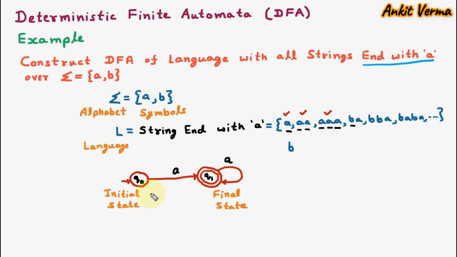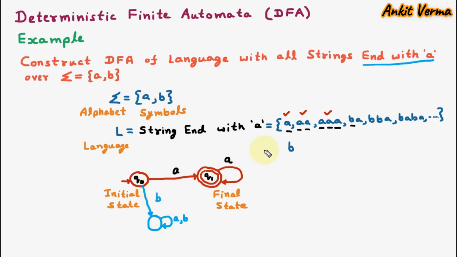The second possibility is that whenever B comes at Q0, we move to a dead state. The dead state is a state where we keep rotating at the same state for all the symbols, A and B, and no result comes out because this is not the final state. But there is a drawback.